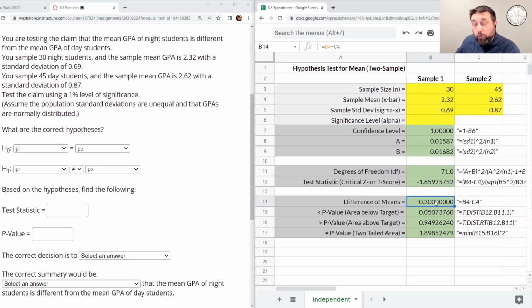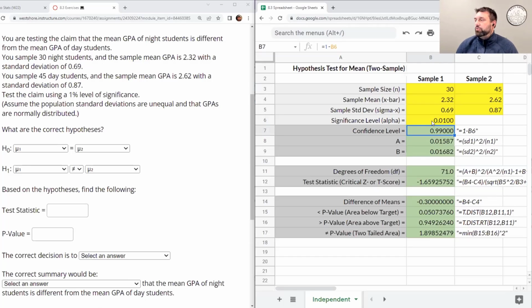And maybe the 45 students that we picked in the daytime were the top students. And we're comparing the bottom of one group to the top of another group. Maybe that's what's happening. We don't know, because we've got to go in and do a deeper dive on this. We've got to look at the standard deviations, and we've got to do all of these calculations. Our significance level is 1%, 0.01.